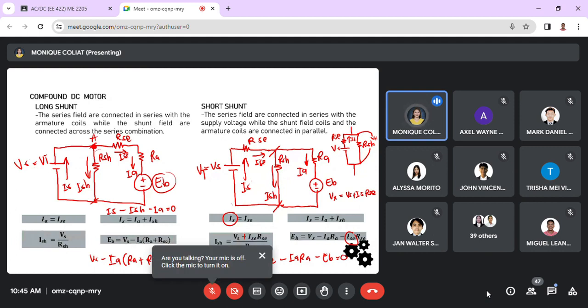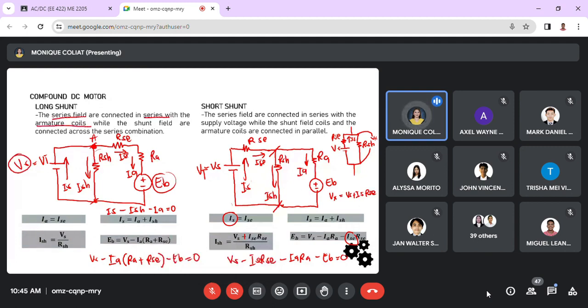Then we have RSH, and sabi kay long shunt, series field are connected in series with the armature coils. That's why RSE and RA are in series. Connected sila in series. Then yung shunt field daw, connected across the series combination. That's why RSH is in parallel with RSE and RA.